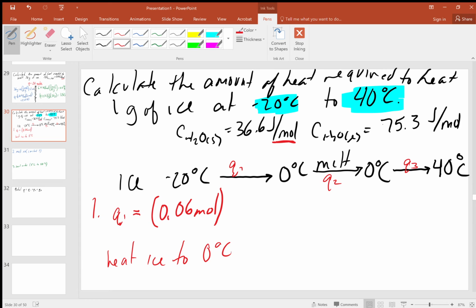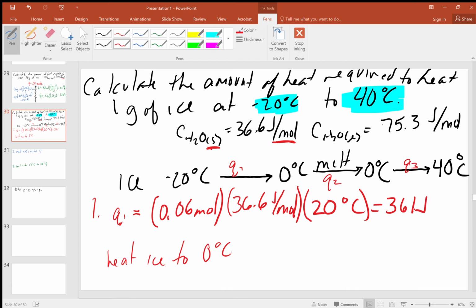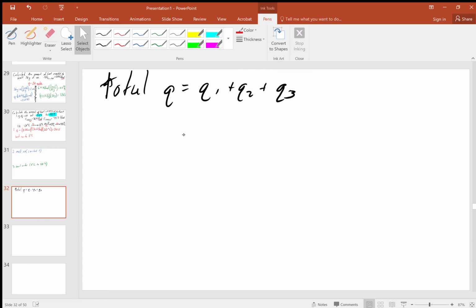Now, this is heating up solid water, so I need to use the specific heat for water when it's a solid. And then what's the change in temperature? Well, we've gone from -20 to 0, so that's 20 degrees Celsius. If we multiply those out, we get 361 joules. So let's jump down and fill that number in. So Q1 is 361 joules.